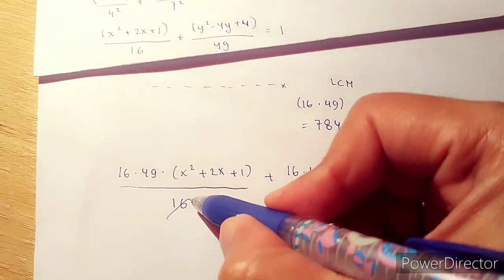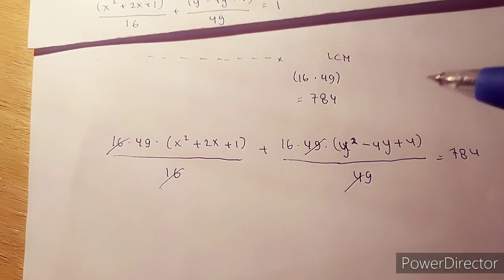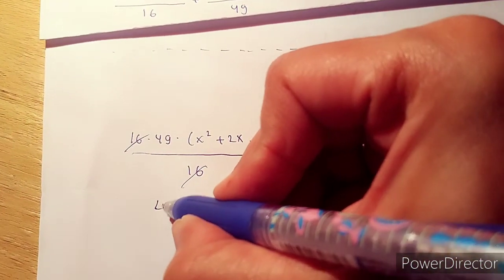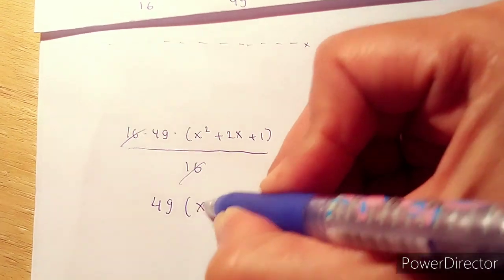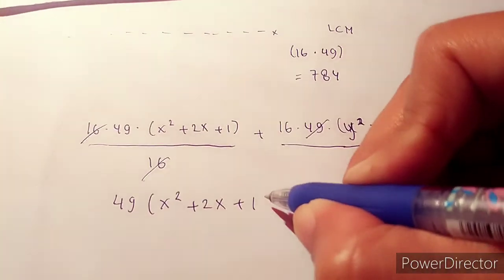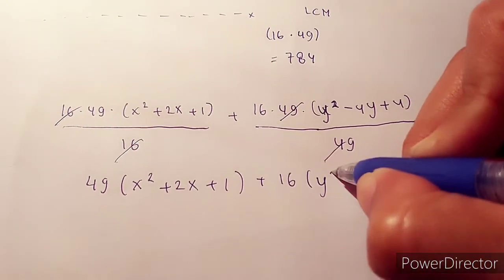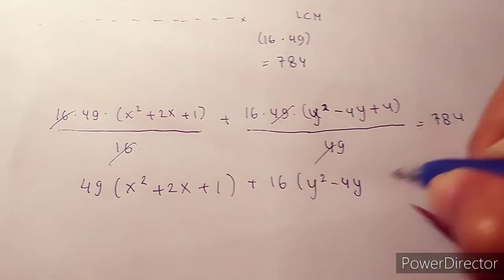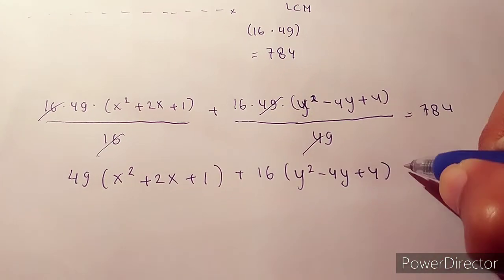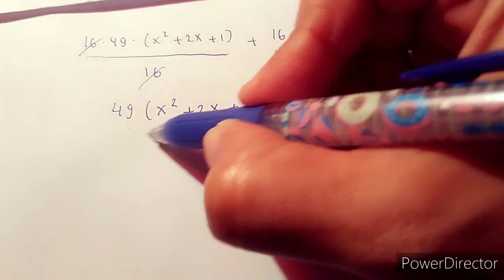So I cancel this. In the end, I have 49 times (x squared plus 2x plus 1) plus 16 times (y squared minus 4y plus 4) equals 784.